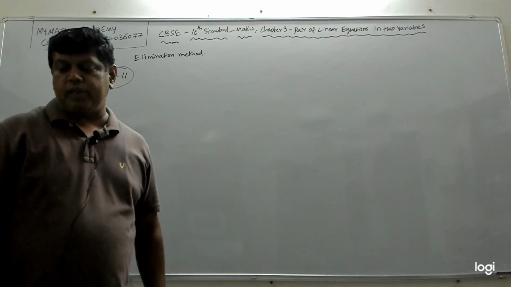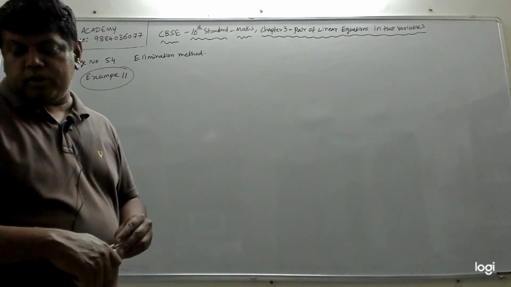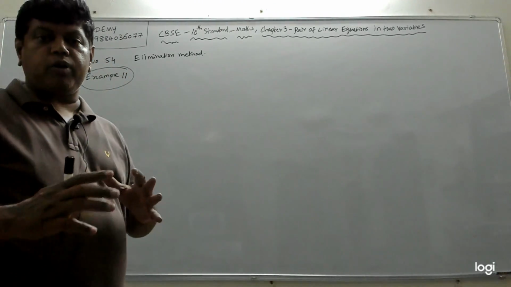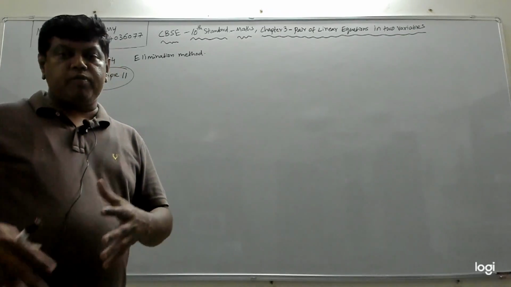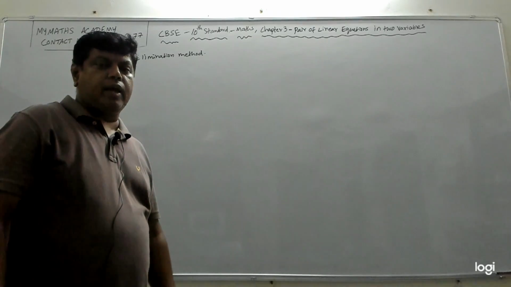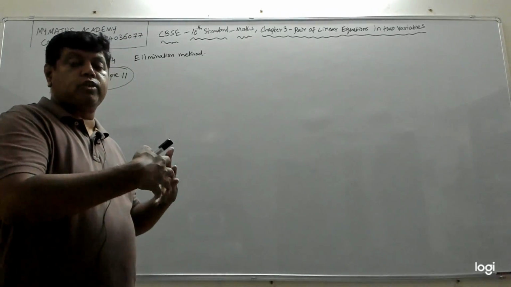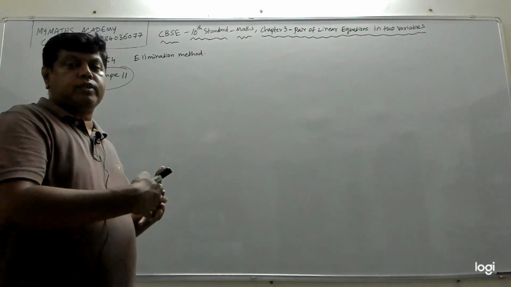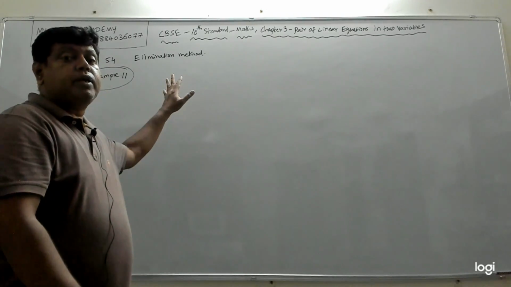First, we will form the equations based on the statement given in example 11. Once we form the equations, we will solve that pair of linear equations in two variables using the elimination method.